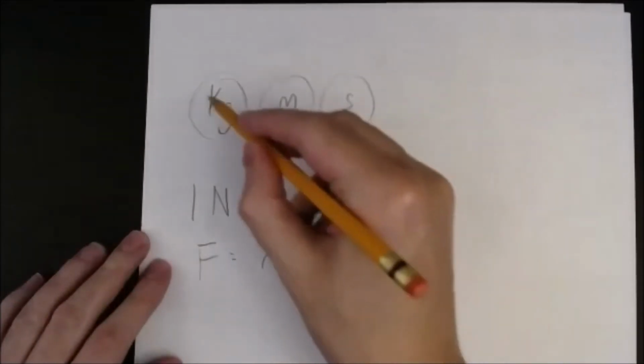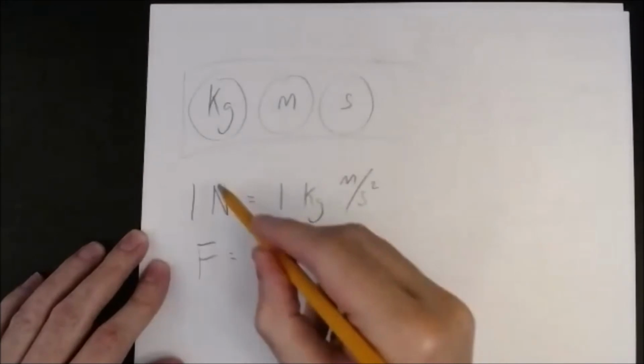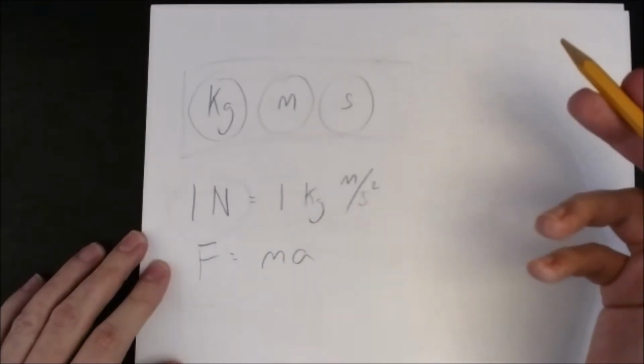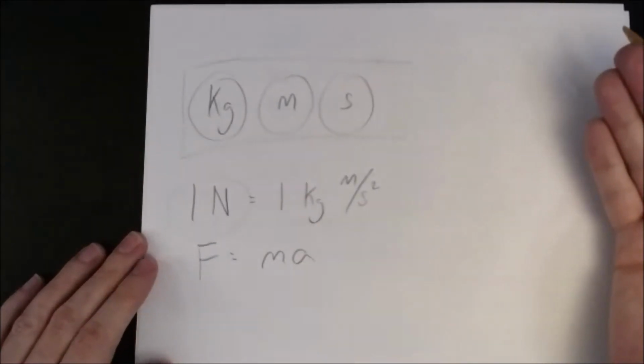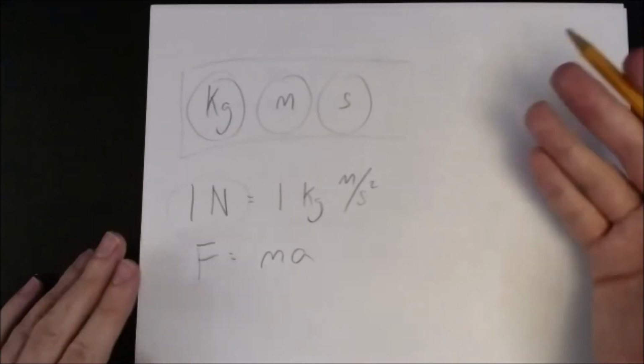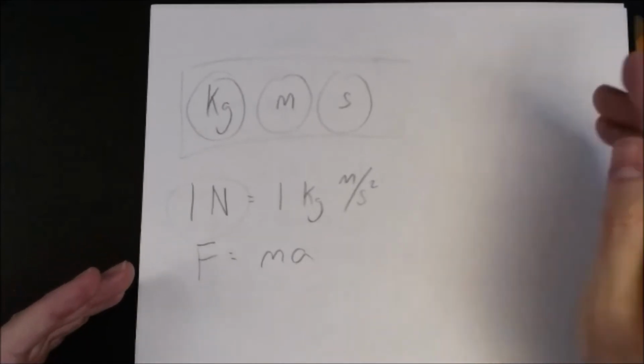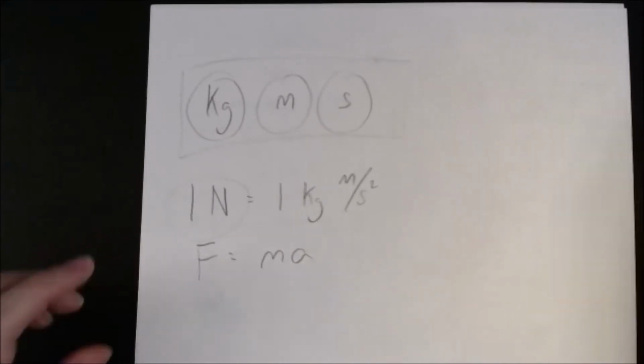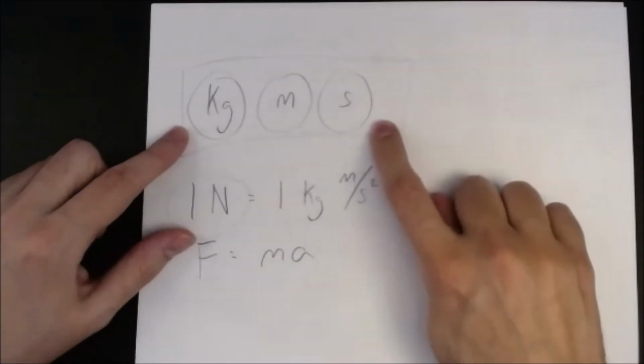As long as we're using these units, our units like newtons will come out just fine. We'll see next week that units like joules for energy will come out just fine. And so we always need to convert to these kinds of units.